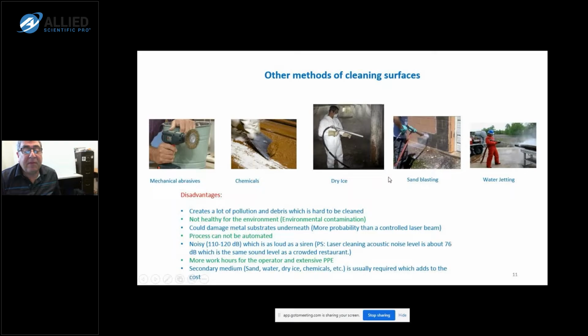These are environmentally unhealthy methods, and they could also potentially damage the substrate, especially mechanical abrasives and sandblasting. Chemical methods could also damage the substrate. So these are drawbacks of these methods, plus some of them are very noisy.